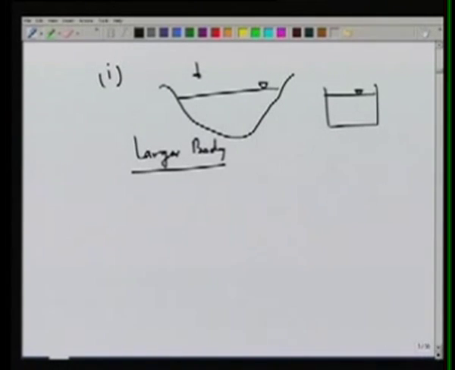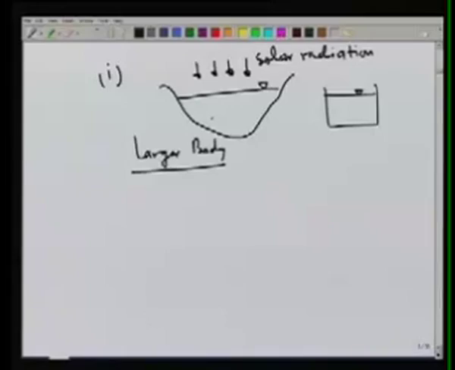So whatever radiation is coming in, now this solar radiation is the driving force for the evaporation. So whatever radiation is coming in, some of it will get absorbed into the water body and will not cause evaporation, will not be available for evaporation.